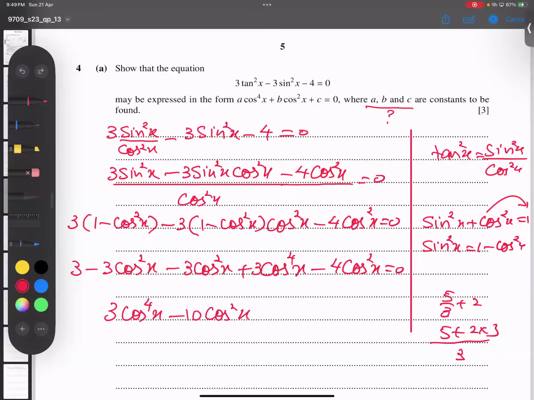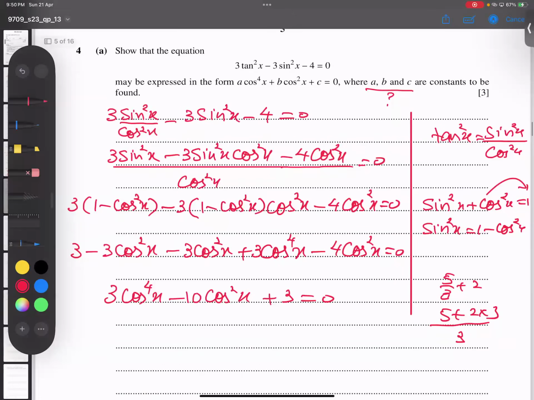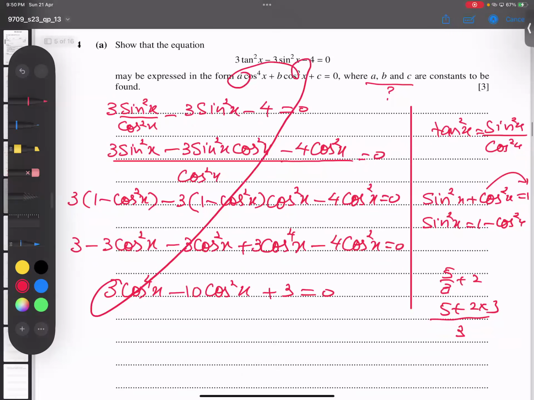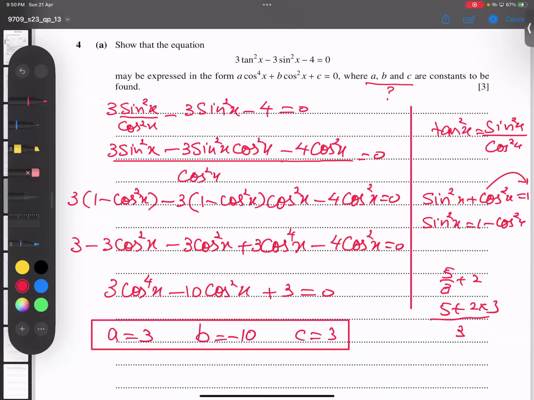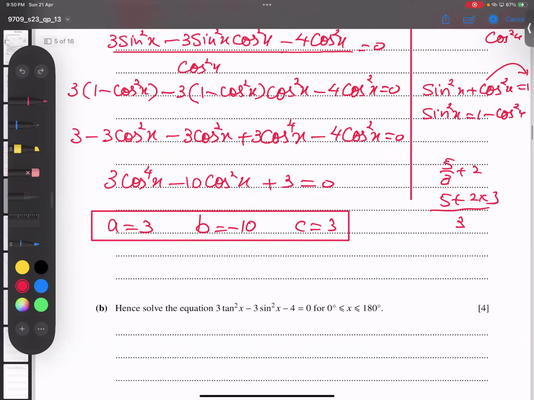So it becomes negative 10. And this 3 will become alone, and plus 3 equal to 0. Done. So it is this compared with that A. So A value is 3. This negative 10 is compared with the B. So B value is negative 10. And this 3 is equal to C, and you are bound to show these values because he said that constants are to be found. So I hope this is clear, students.